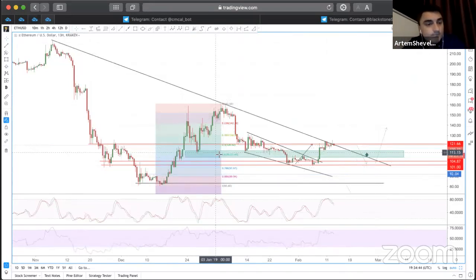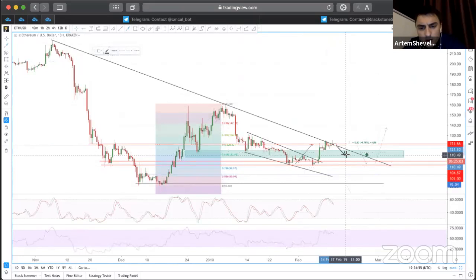I'm trying to put some arrows here to make it better. Like sideways and the breakout.